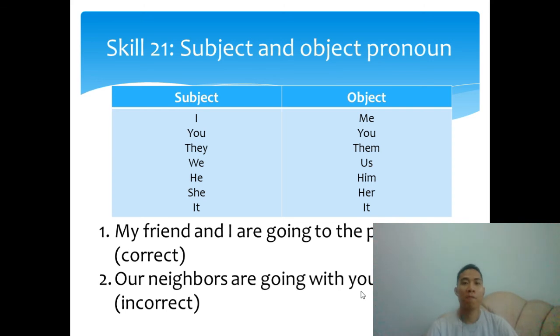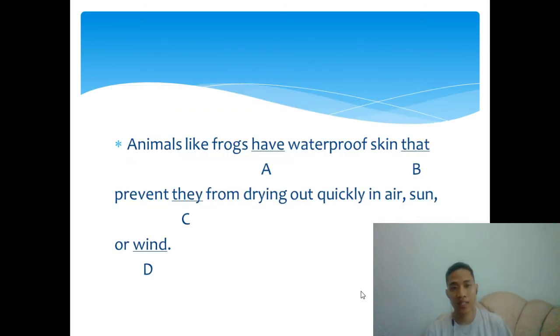Okay, good. Let's look at the real test, the real sentence. Animals like frogs have waterproof skin that prevent them from drying out quickly in air, sun, or wind. So what is the problem here? Is it A, B, C, or D? Okay, so the problem here is C. Why?